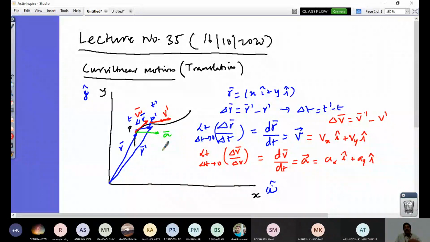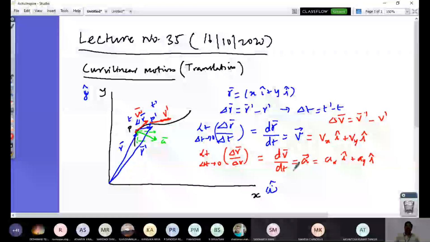I can also resolve it into two components, ax and ay, like this. That is what I have written here. Similarly, I can resolve the velocity into vx and vy. That is what is written here. That is the rectangular components of these motion parameters. The definition of motion parameters is what you have now understood.